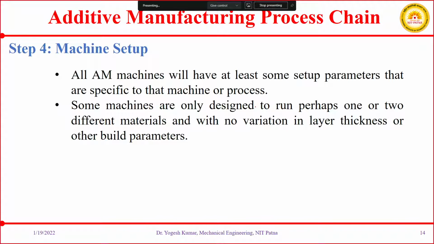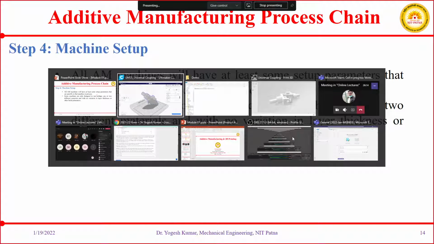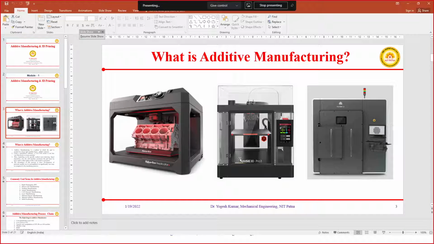Some machines are only designed to run perhaps one or two different materials. In 3D printers you will find this limitation, that you cannot print any material on any printer. When I showed this diagram, some of these printers are related to PLA, this may be again PLA, and this may correspond to metal materials.